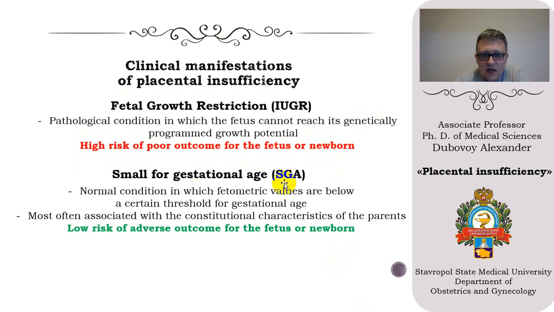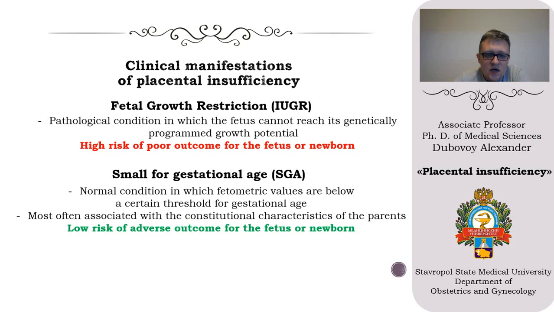Small for gestational age is a normal condition in which fetometric values are below a certain threshold for gestational age, most often associated with the constitutional characteristics of the parents, with a low risk of adverse outcome for the fetus or newborn.